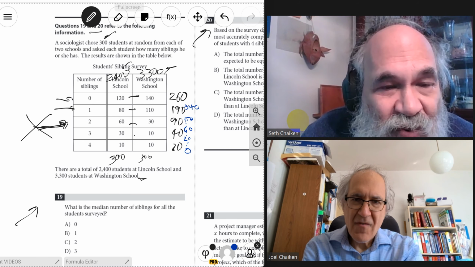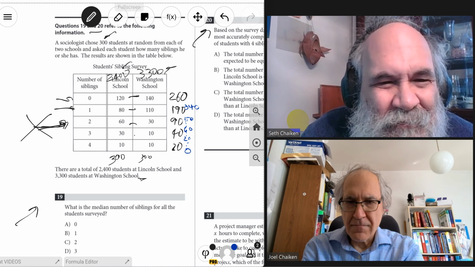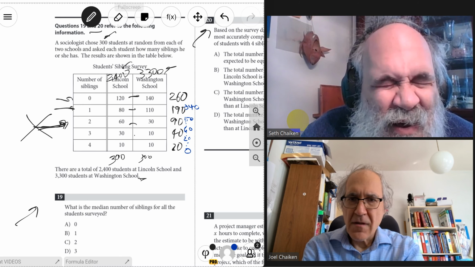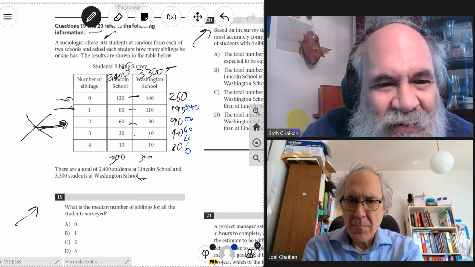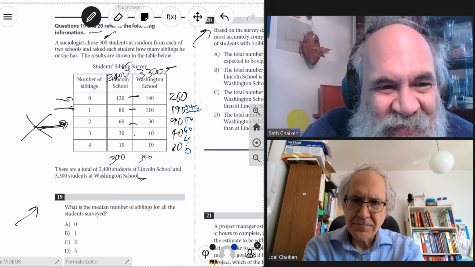And 340 is about 10% more than half of 600. So the median is somewhere around here. And they're looking for a round number answer. So I guess it's 1.